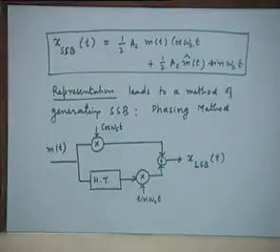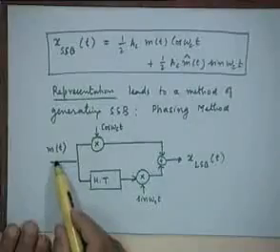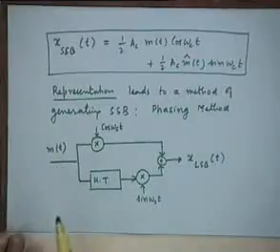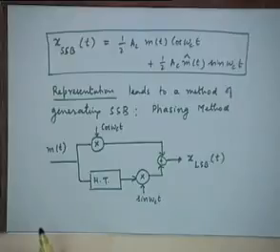Remember, an ideal Hilbert transformer will have to effect a minus 90 degree phase shift for each and every frequency component in the bandwidth of the message signal, starting from f equal to 0 to f equal to B, right? But such an ideal Hilbert transformer is also not easy to realize, right?